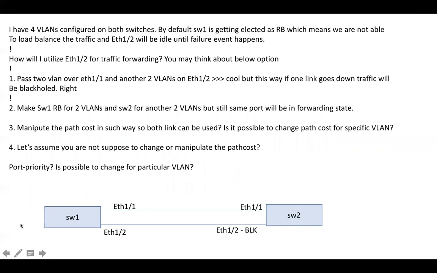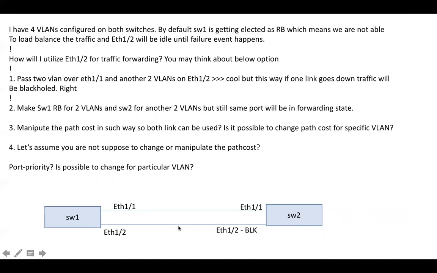Okay, now I have another question. Let's assume I have 4 VLANs on switch 1 and 4 VLANs on switch 2: 10, 20, 30, 40 and 10, 20, 30, 40. Now what will happen by default? One will be the root bridge. Let's assume switch 1 is the root bridge. In that case, one link will be in forwarding state and the other link will be in blocking state.